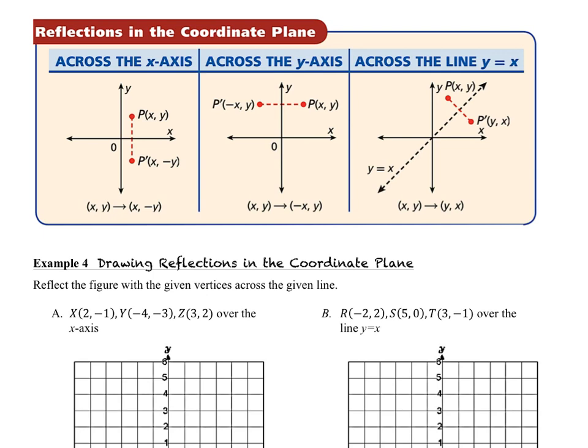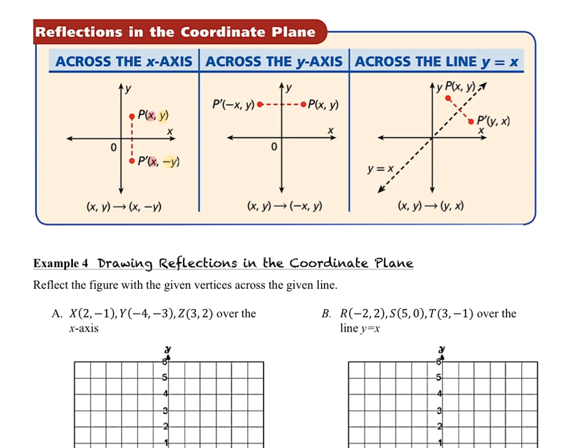When we reflect a point, and remember, anytime we're going to reflect an image, we have to reflect point by point. So when we reflect a point across the x-axis, notice what happens. The x-coordinate stays exactly the same, but the y-coordinate goes opposite from what it was.